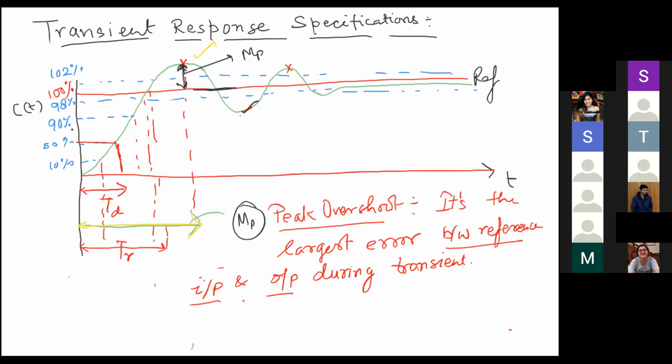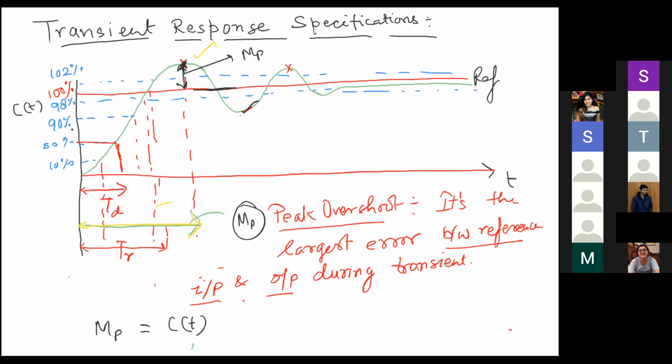And MP is given by the following. Your output is C(t), and when we obtain this at peak time, this one is TP. So we have to mention it here.